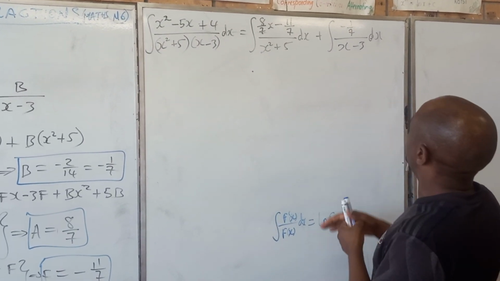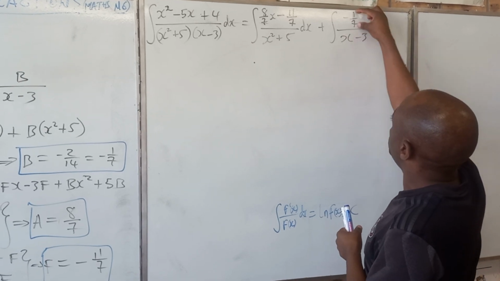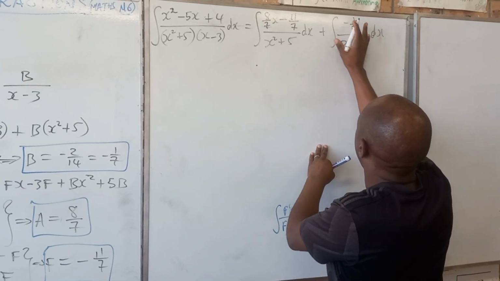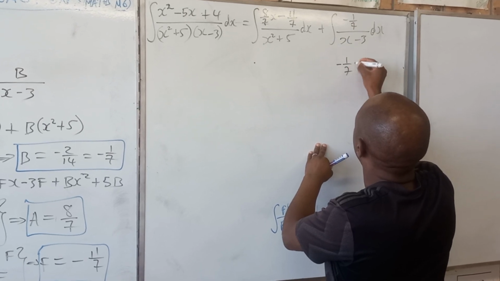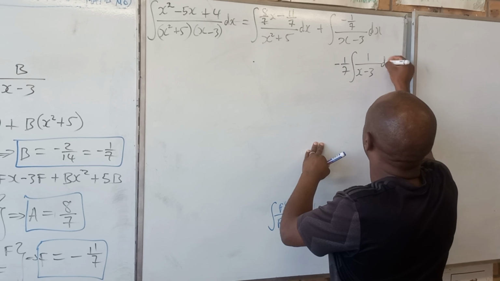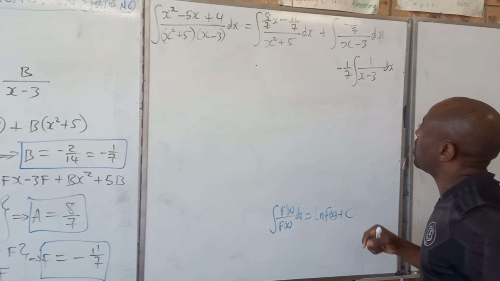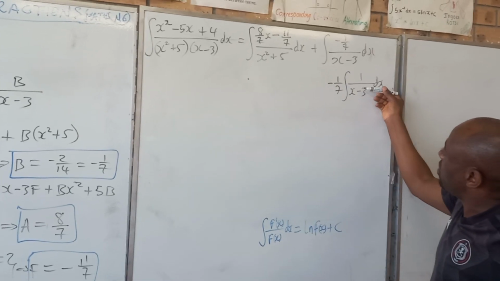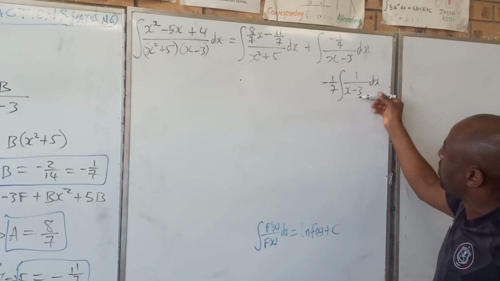So if I look at this formula, for the second item, if I take my 1/7 outside, I will get -1/7 times the integral of 1 over x minus 3, since I've said we must practice taking out the constant. If I verify this formula here, you see it's a perfect match, because the derivative of x minus 3 is 1.